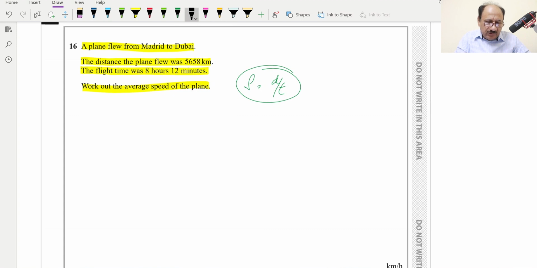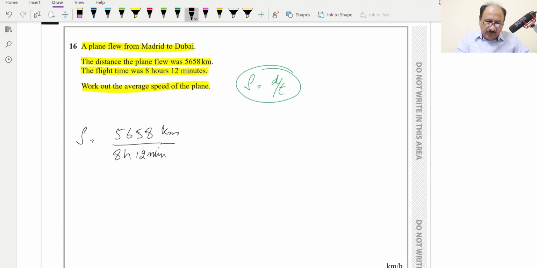So first one is speed is equal to, we can write this one 565, this is kilometers, divided by time, which is, I will write 8 hours and 12 minutes as it is, as they have provided.